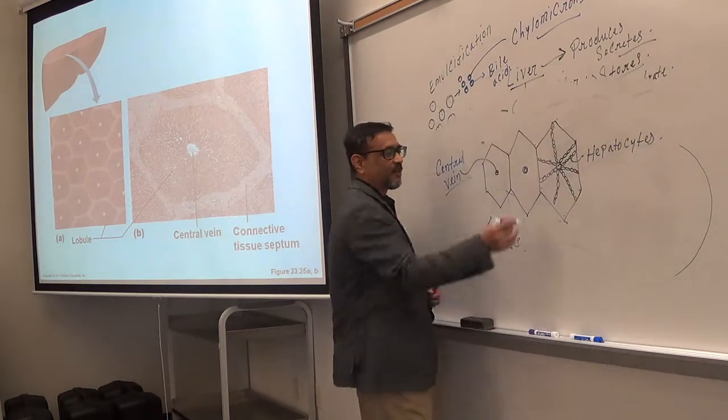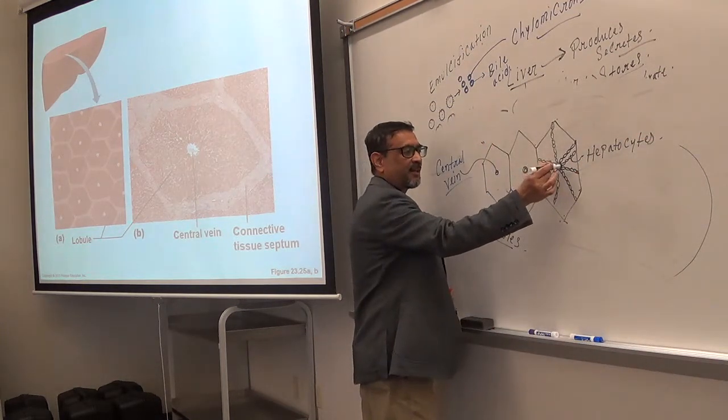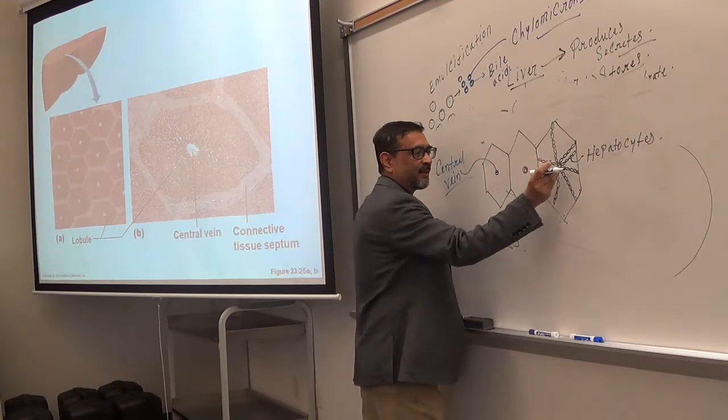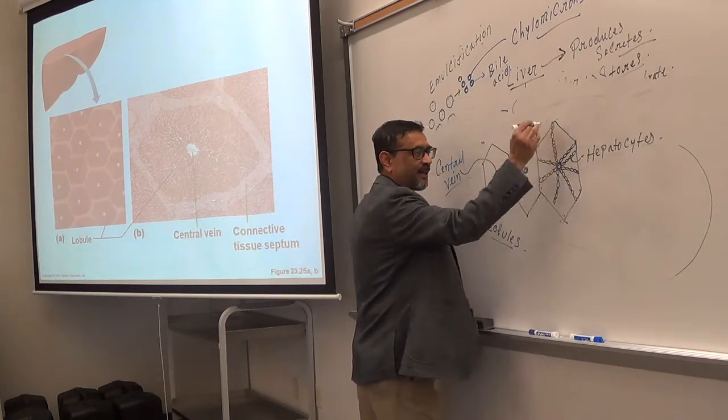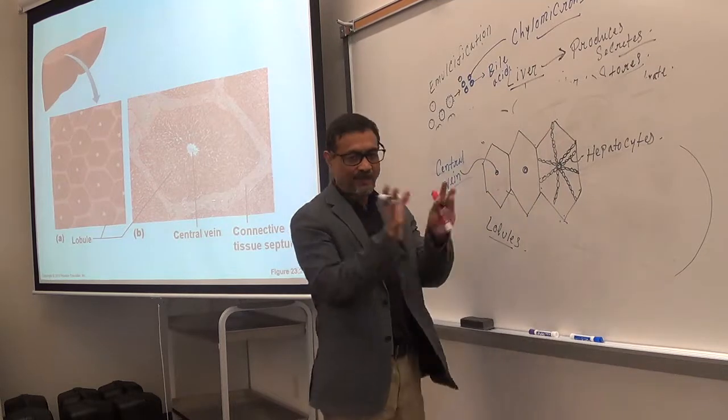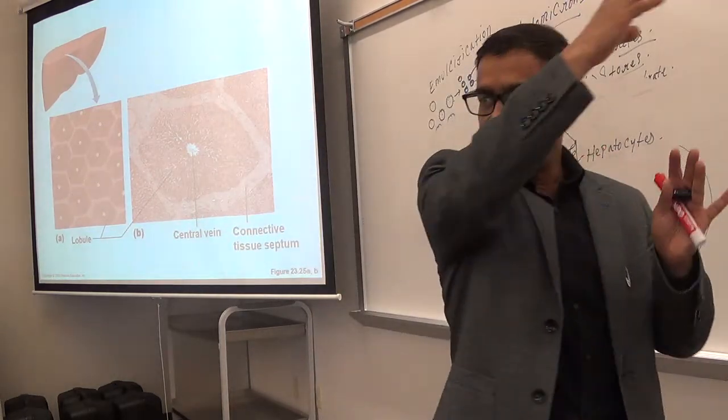From the central vein, they radiate towards the border in all different directions.